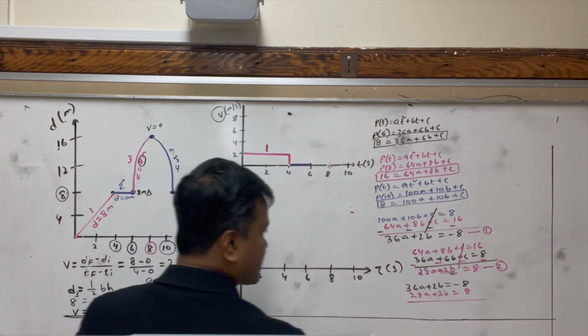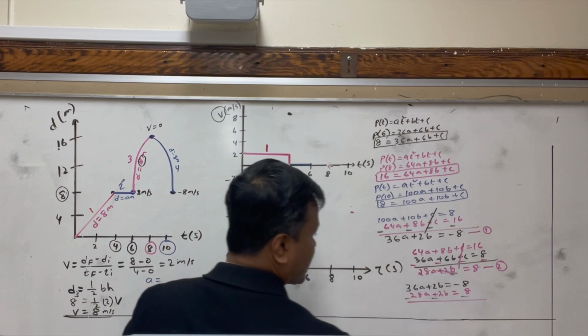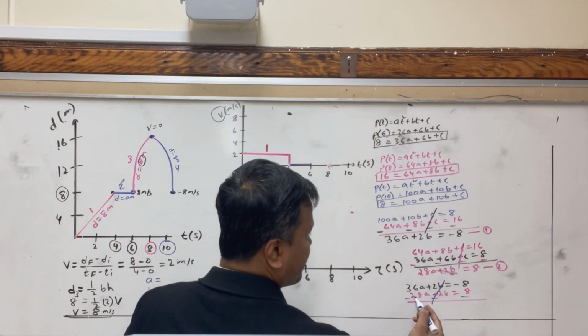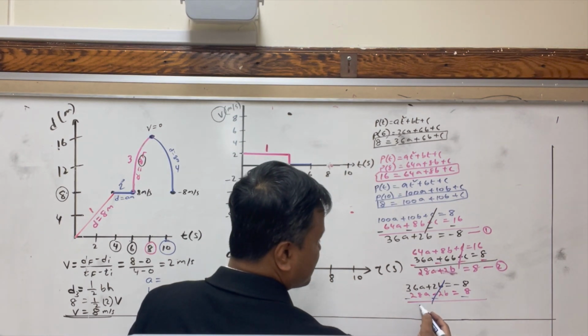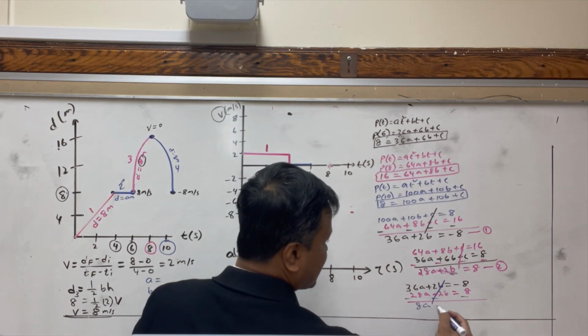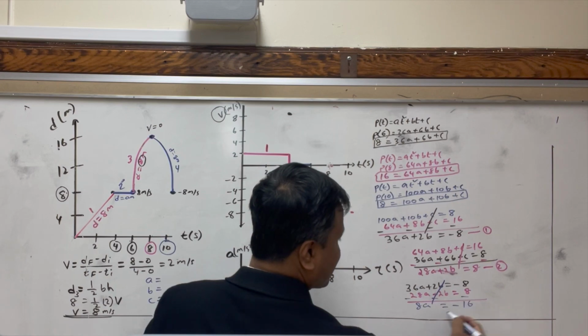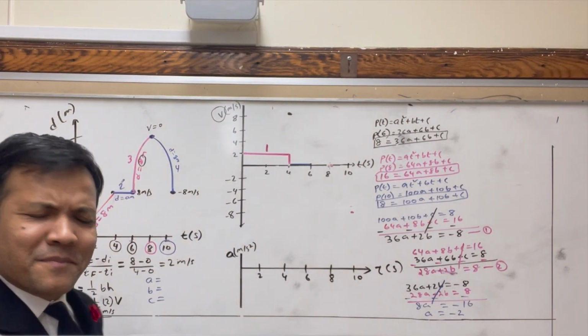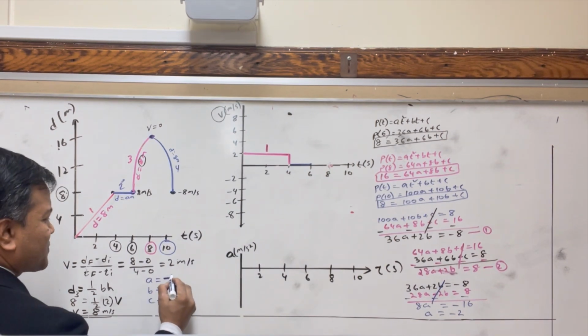Subtract from each other, the b terms cancel. You have 8a is equal to negative 16. So a is equal to negative 2. So we found the value of a. That's awesome. A is equal to negative 2.